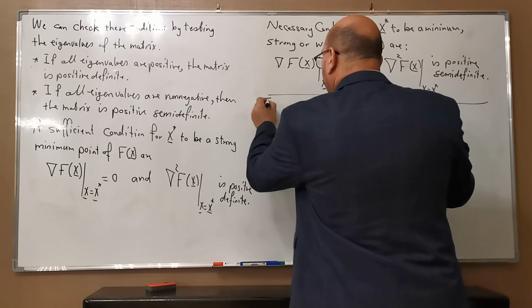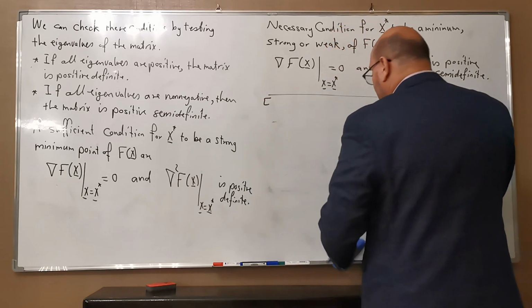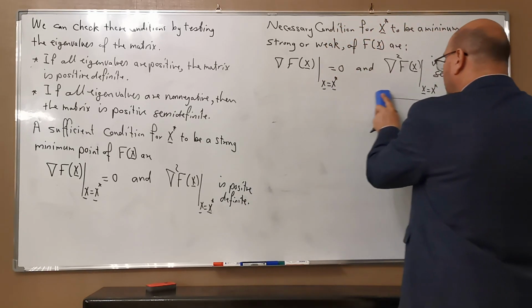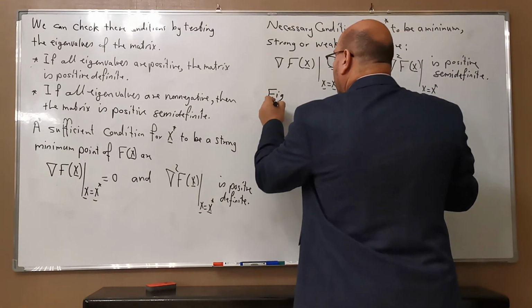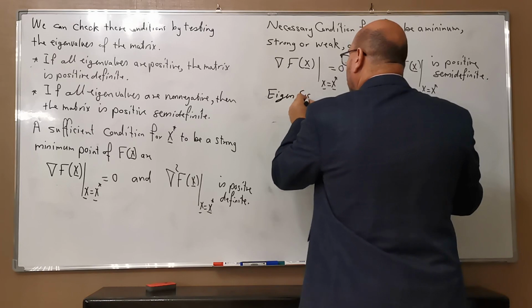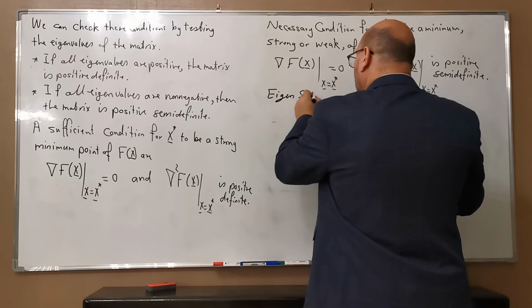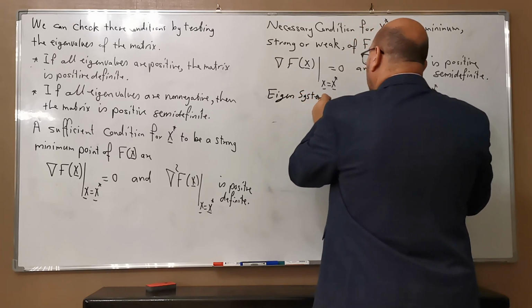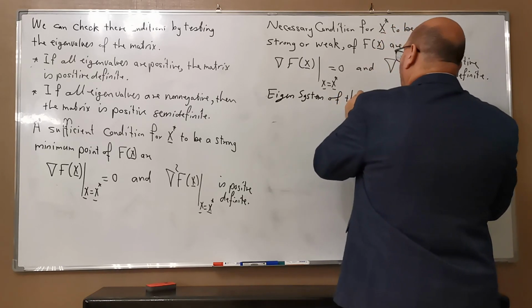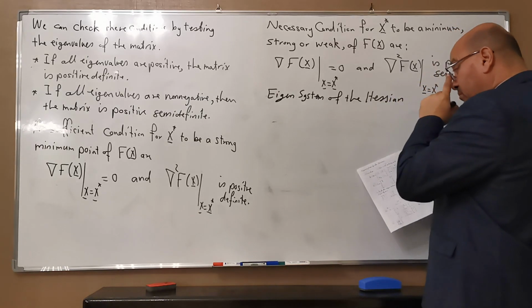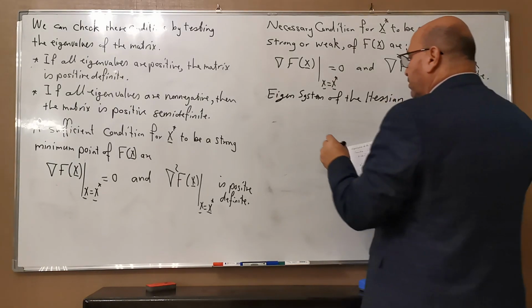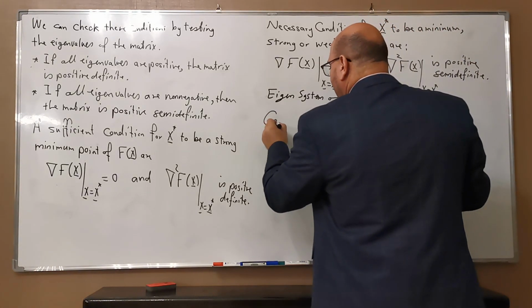Before this, let me just introduce the subject a little bit, and we will call it the Eigen system of the Hessian. We'll do this through an example.